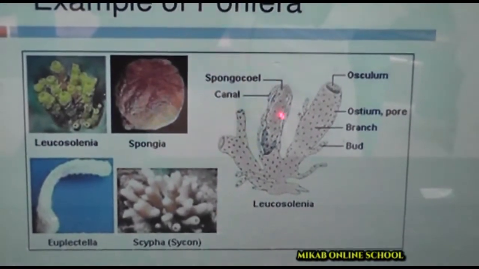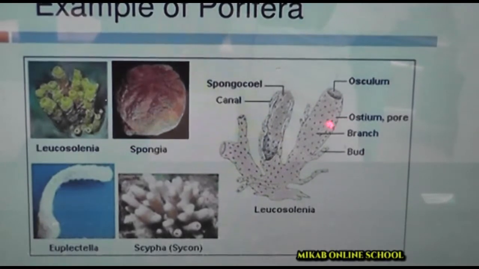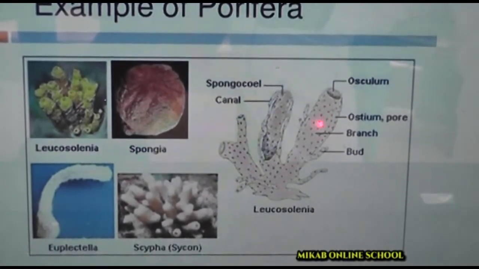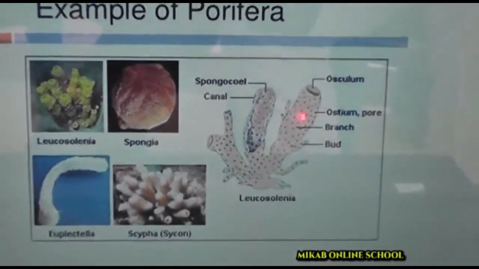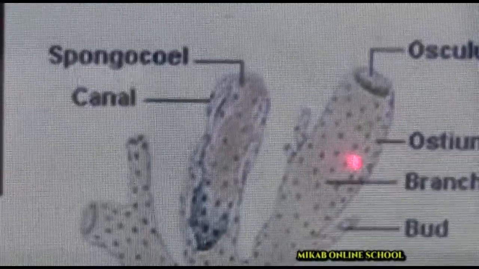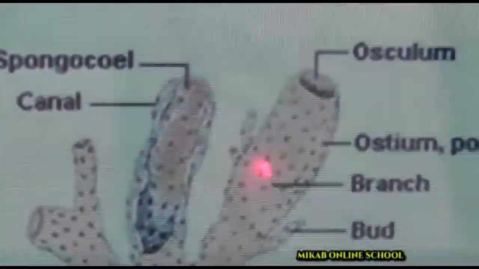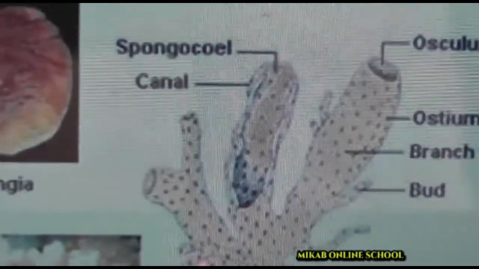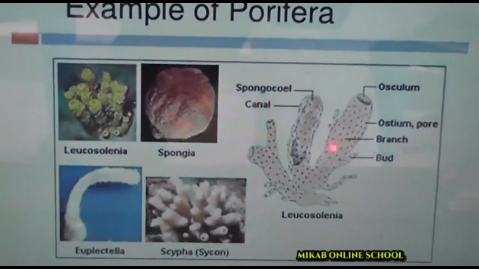But in between the dermal layer and the gastral layer, we have a small layer containing gelatinous cells which are non-living on their own. So that is why we cannot say this animal has a three-layer body plan. So this is a typical example of a leucon-type sponge that we have just used as an example of Porifera.